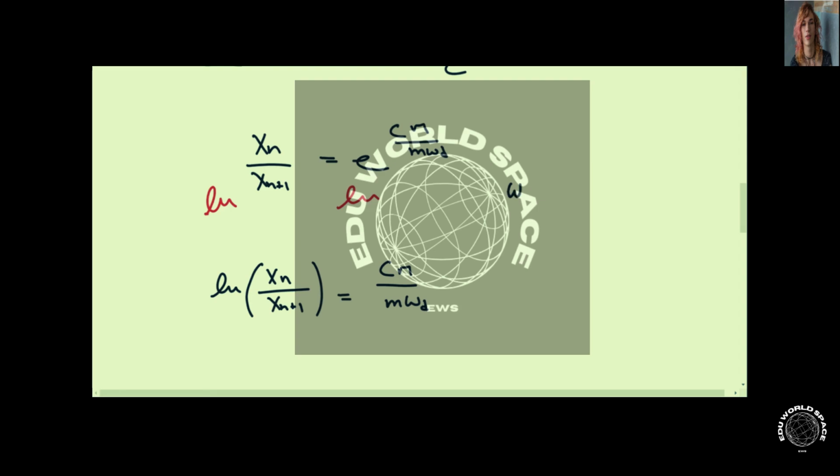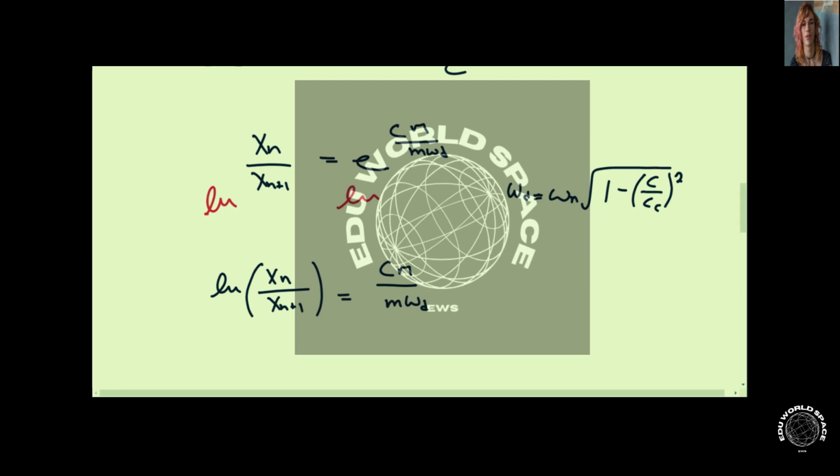So now from above, I gave at the beginning the frequency here: wd equals the square root of 1 minus the damping factor squared.